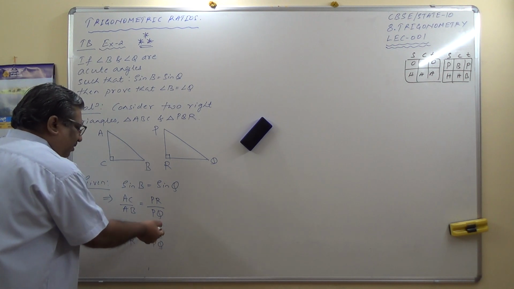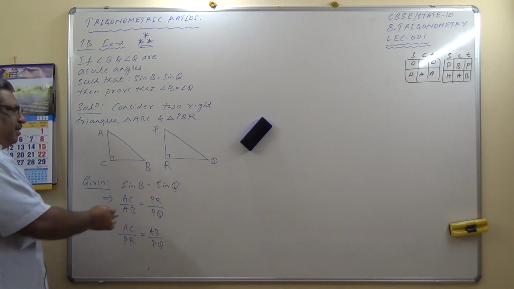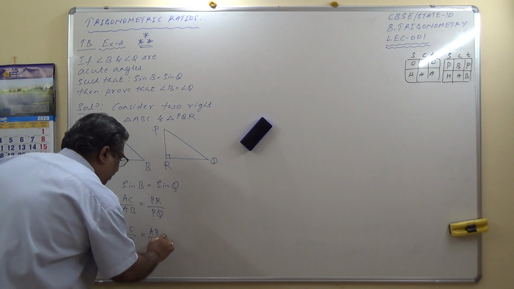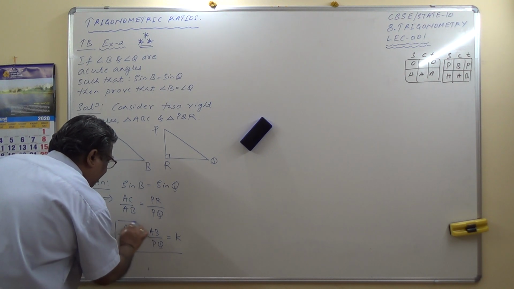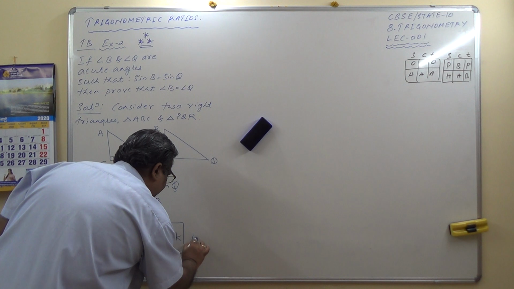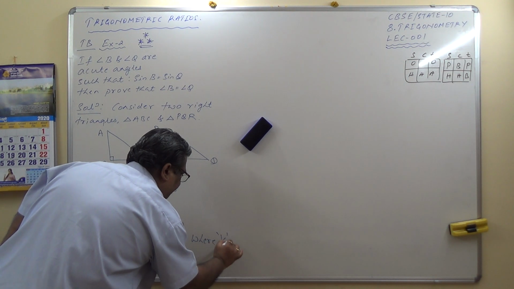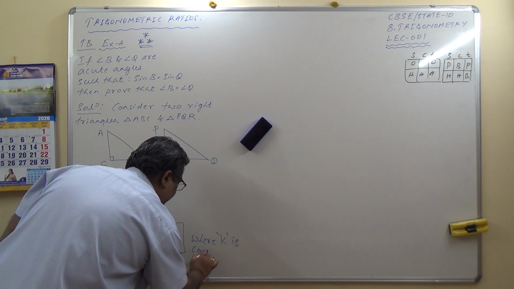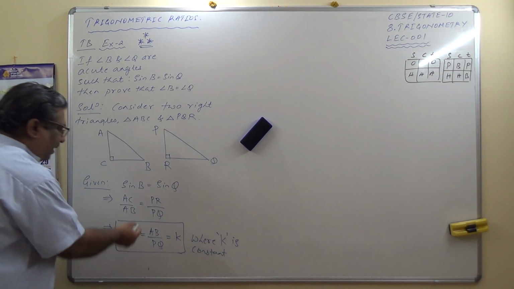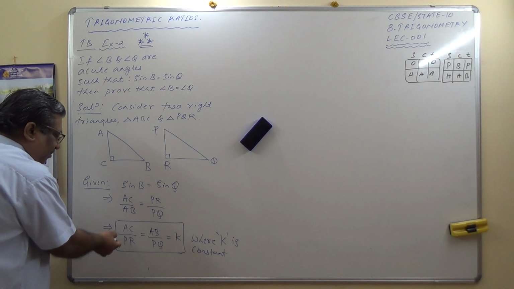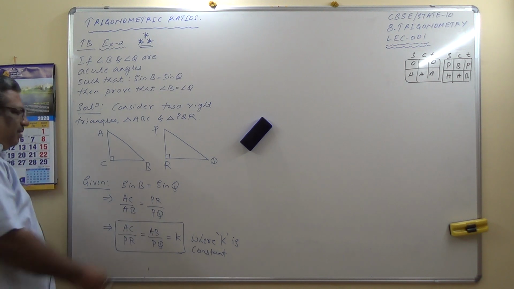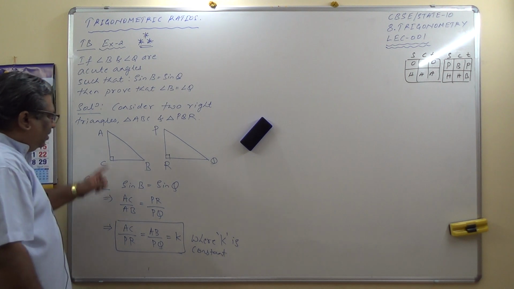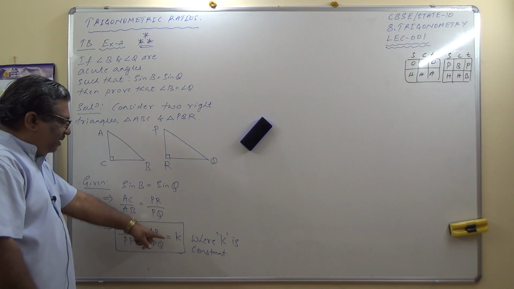I can consider this to be K, where K is a constant. Let AC by PR equals AB by PQ equals K.